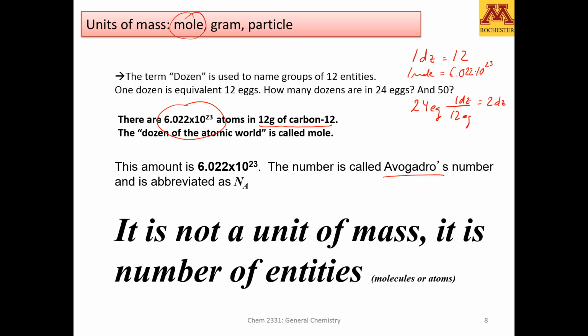It's just a way to count entities, a way to count molecules, atoms, or chairs. But in our case, this huge number will be convenient because, as we said many times now, the atomic world is very small, so there's a lot of atoms in, say, 1 drop of water. So we will have to use this number quite often.